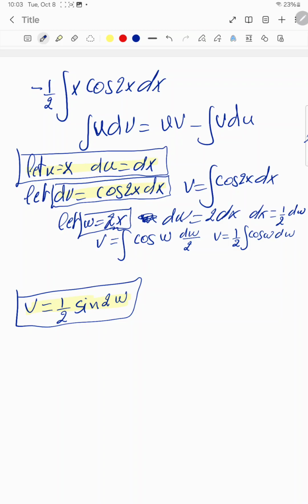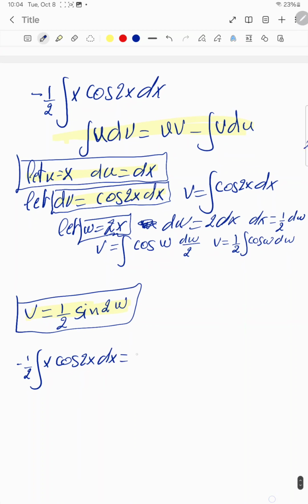So let's apply that formula, integration by parts. Minus 1/2 integral of x cosine 2x dx is equal to, I will keep the minus 1/2, I have to keep it. And now u times v: my u is equal to x, and my v is equal to 1/2 sine of 2x.